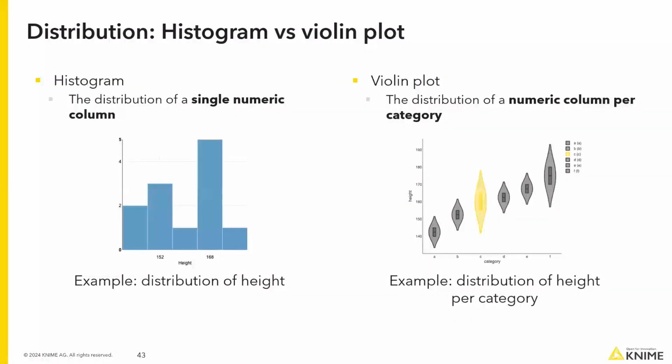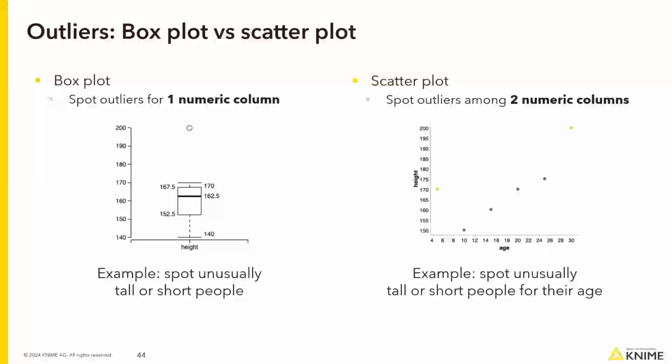You can also build a histogram or a violin plot to check the distribution of a single numeric column. For example, with the histogram, you can see which values are underrepresented in the column, or you can build a violin plot to check that for different categories of a numeric column. And finally, you can also build either a box plot or scatter plot.